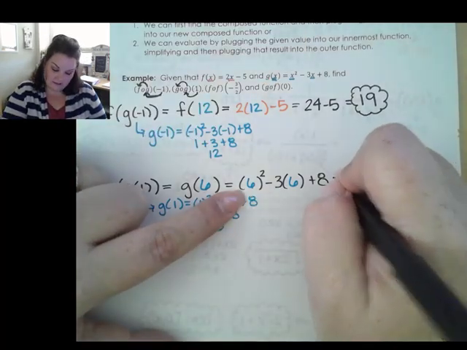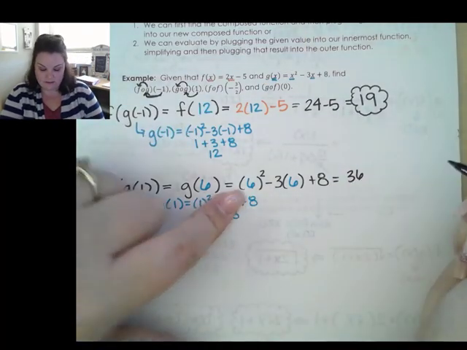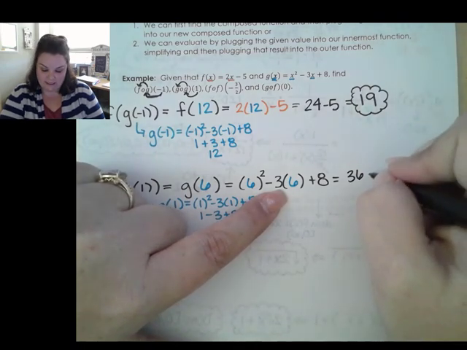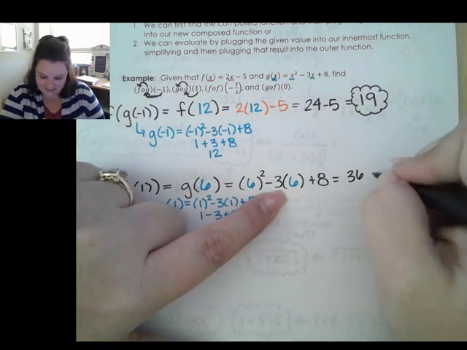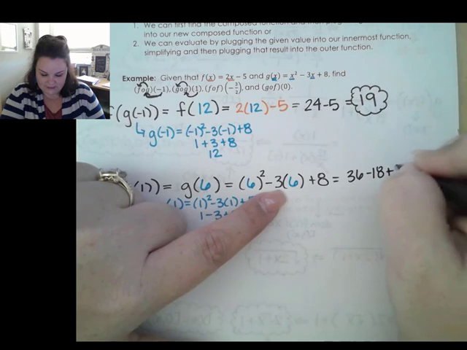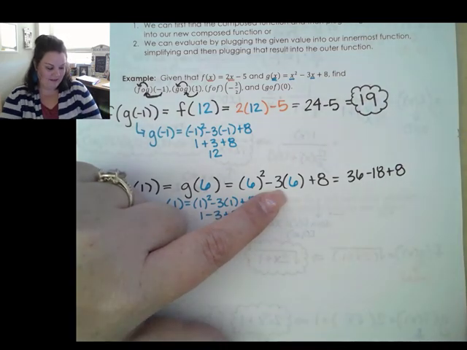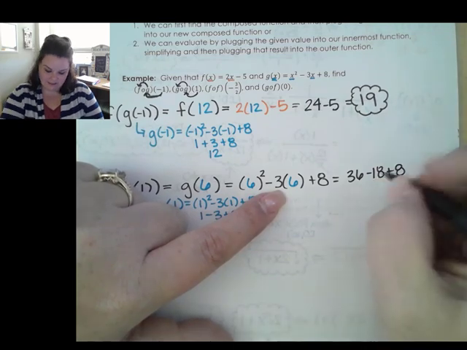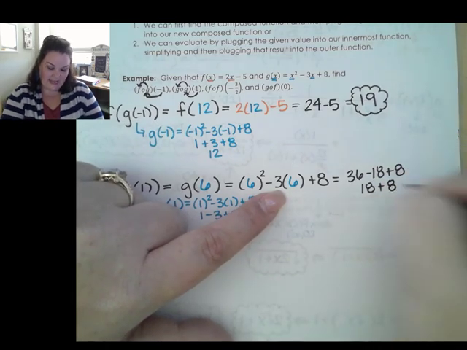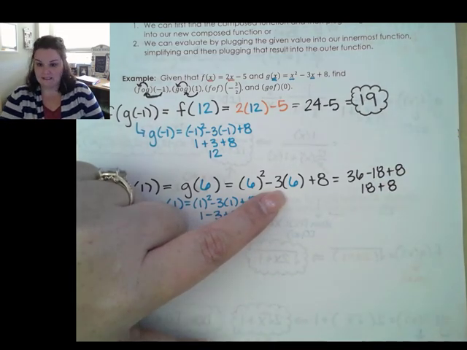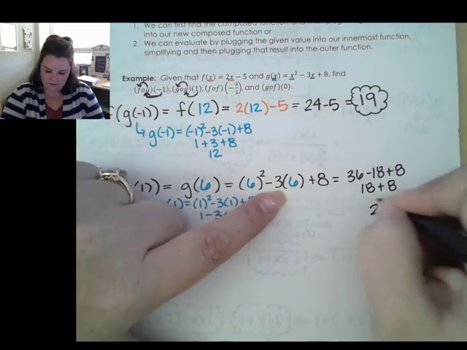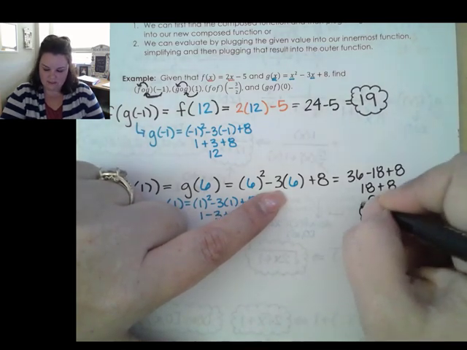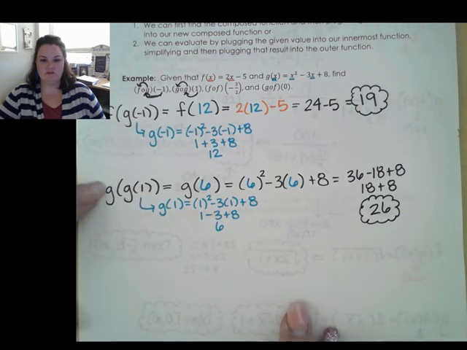So 6 squared is 36 minus 3 times 6, which is -18, plus 8. So 36 minus 18 is 18, plus 8 gives me 26. So this is what g composed of g evaluated at 1 equals.